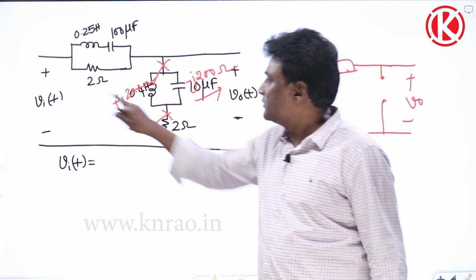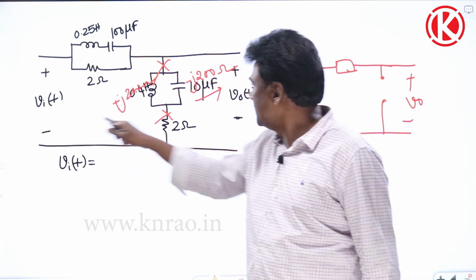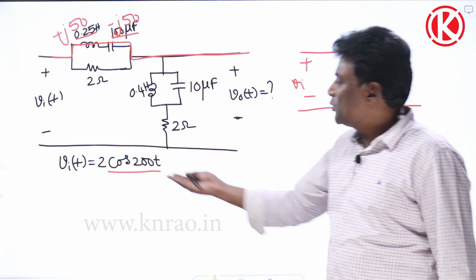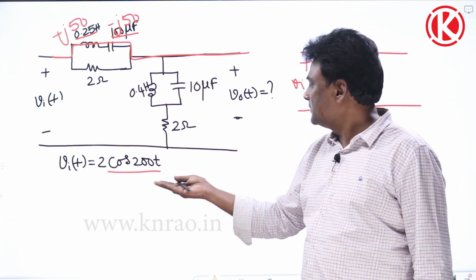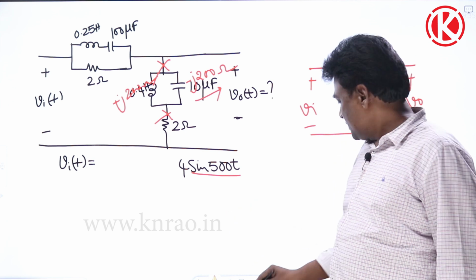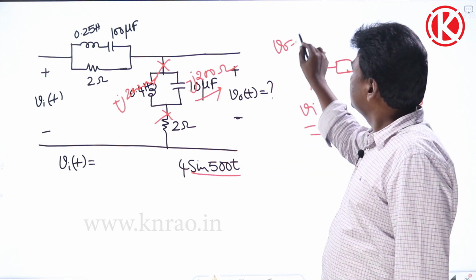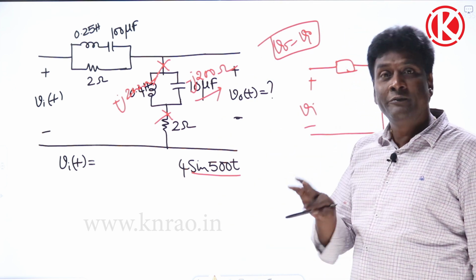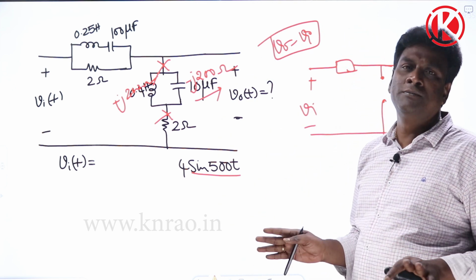And here, 4 sin 500t will come. So what is the output voltage? Output voltage is the same as Vi. Ultimately output voltage is nothing but input voltage at both frequencies. Superposition with different frequencies. There is no other goal.